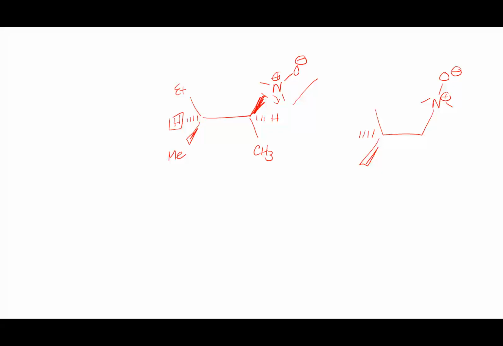What does that mean? As I move the nitrogen back, what happens to the methyl group? It comes forward, and the hydrogen is still in the back. And then over here I've got an ethyl, I've got a hydrogen, and I've got a methyl.